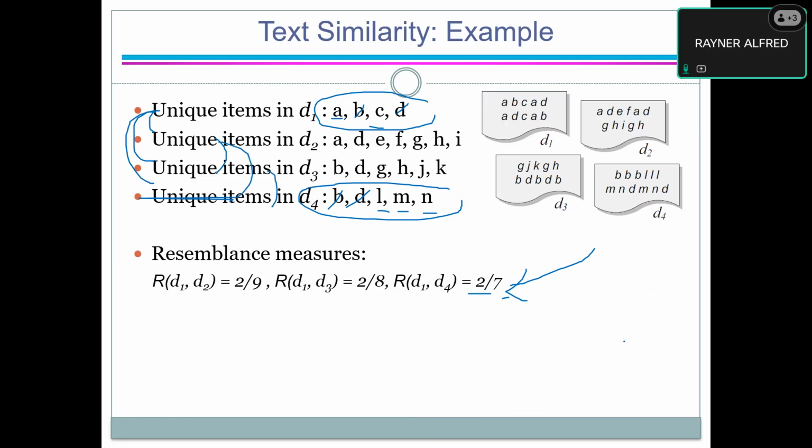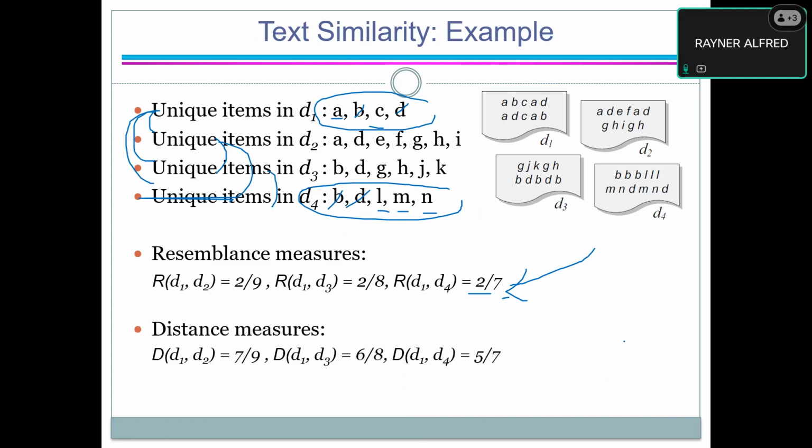So how do we compute the distance? We just subtract. So the distance between D1 and D2 will be 1 minus 2/9. We get 7/9. So similar to this, this is 1 minus 2/7.